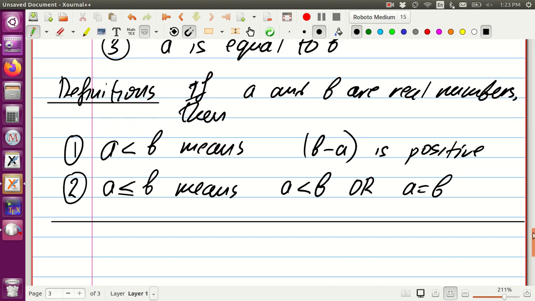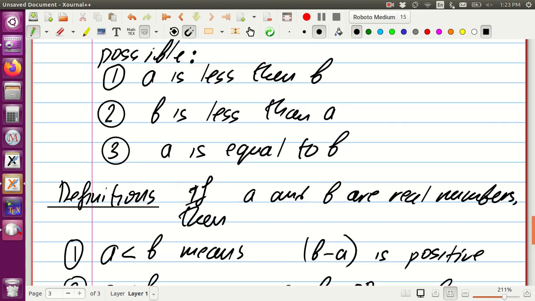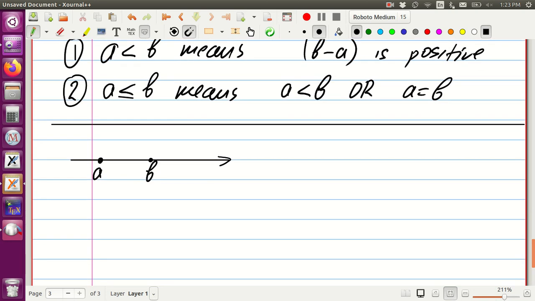Couple more things to add. One of the things that we can add, geometrically, we mean that A is less than B. What does it mean geometrically?